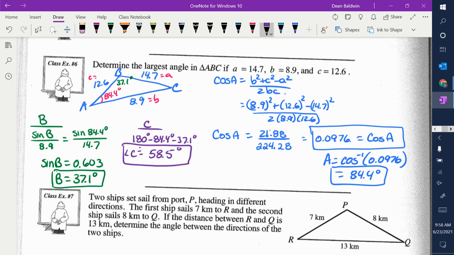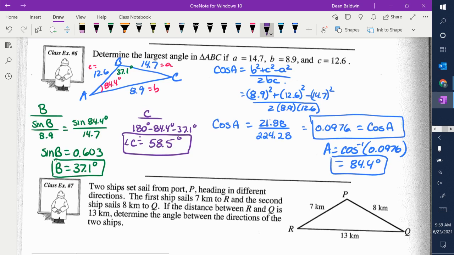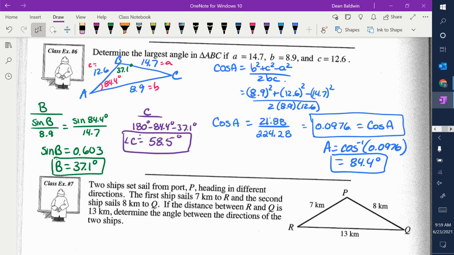There you go, 58.5 degrees. So usually you only have to use cosine law once in the triangle because that'll give you an angle or a side, and then you'll have an angle side pair that will allow you to find everything else using sine law. Any questions about that?